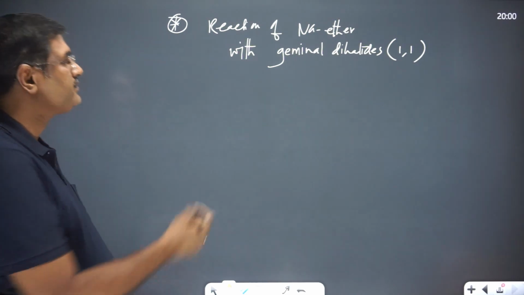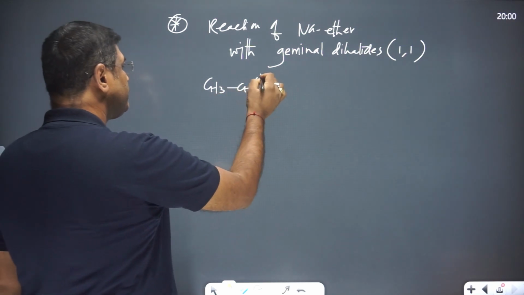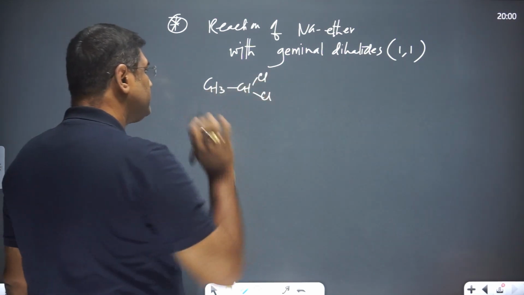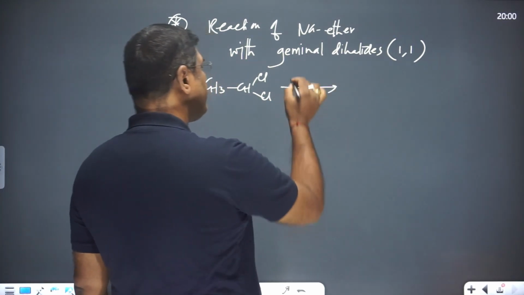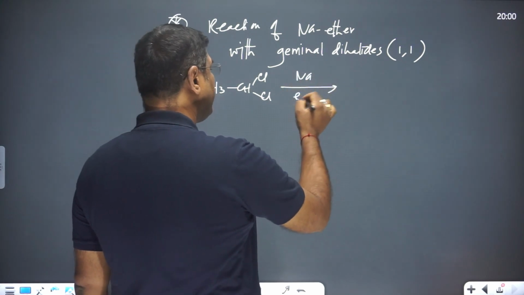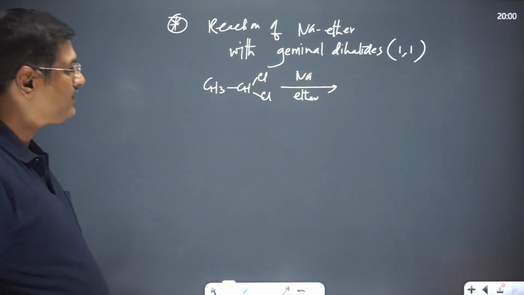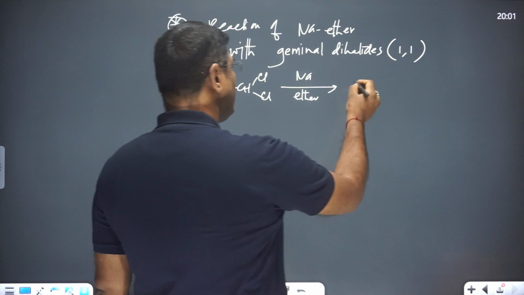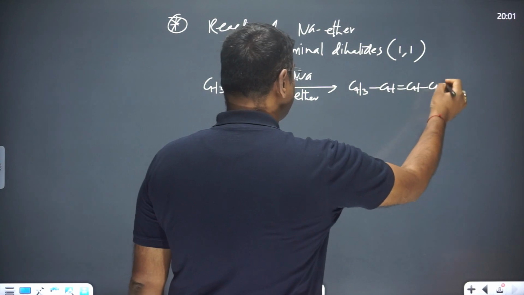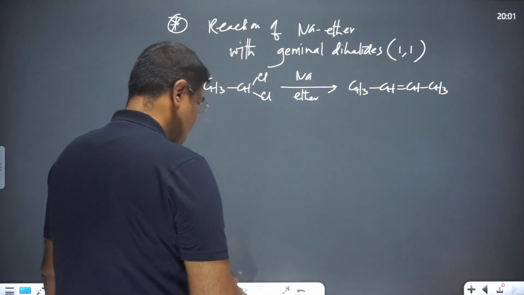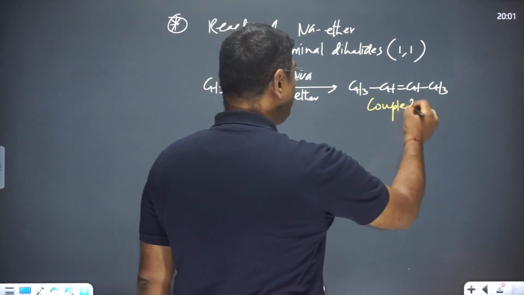What happens here? First you see CH3CHCl2. If that reacts with Na in the presence of ether, we get CH3CH=CHCH3. Yes, a coupled alkene forms.